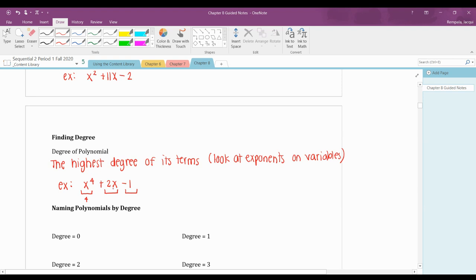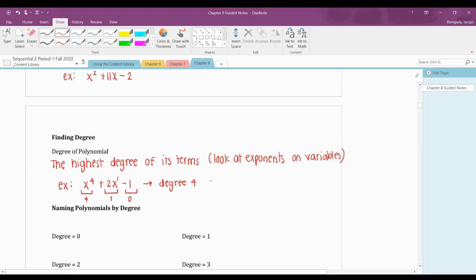If I look at the second term, it has a variable. That x technically has a 1, so that's the degree of the second term. Since that number doesn't have a variable, there is no exponent for a variable, so that means that it's 0. So between those numbers 4, 1, and 0, 4 is the biggest. So that means that this is degree 4. Okay, so it's the highest degree of the terms.